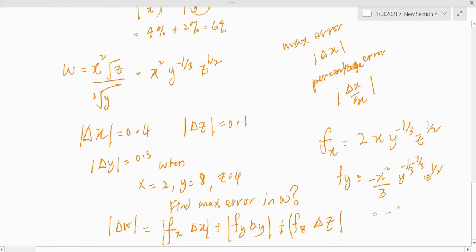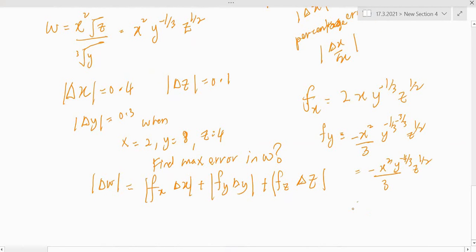This will be minus X squared over 3, negative 4 over 3, Z half. So Fz will be X squared same, negative 1 over 3 same, half Z negative half. Okay? 1 minus half, half minus 1. We check.